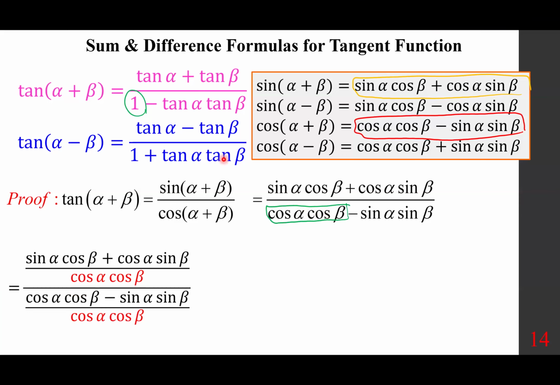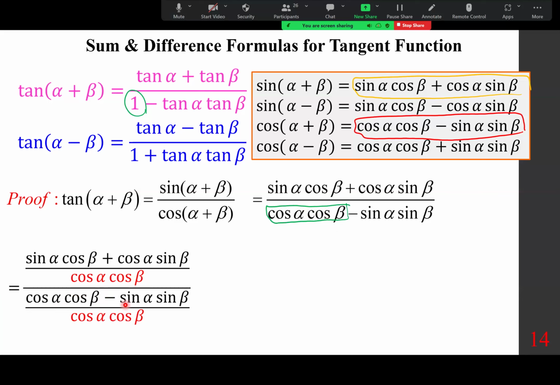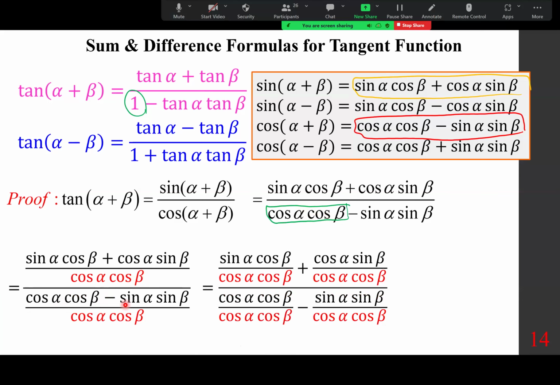So make up 2 fractions in the numerator, 2 fractions in the denominator. So what happens? These two cancel each other. Sine alpha over cosine alpha is tan alpha. These two cancel each other.